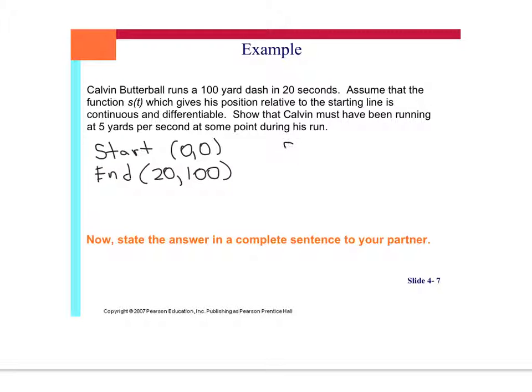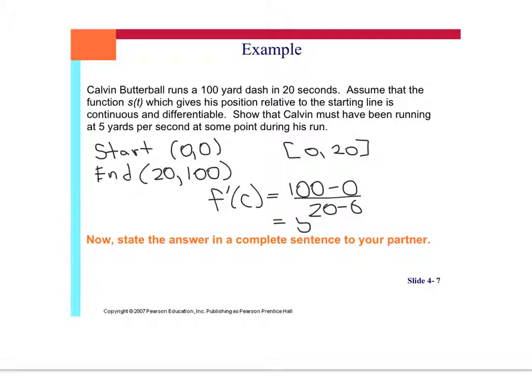So we are on a closed interval from 0 to 20. According to the mean value theorem, there will be a rate of change somewhere equivalent to the average rate of change, or the slope of the secant line. So 100 minus 0 over 20 minus 0, which is 100 over 20, is 5.